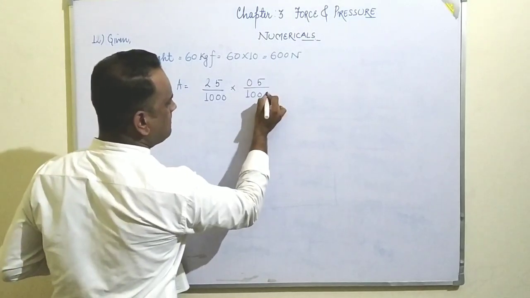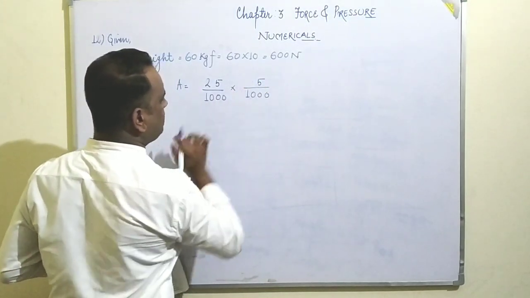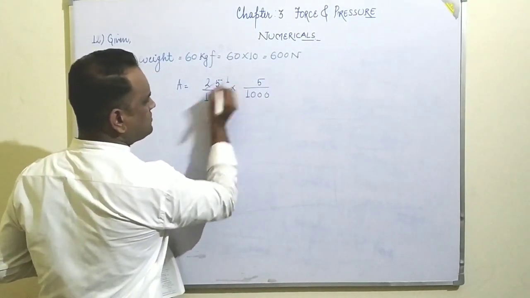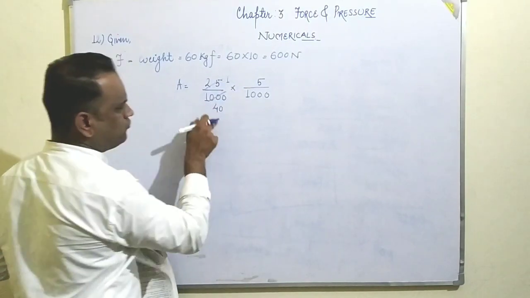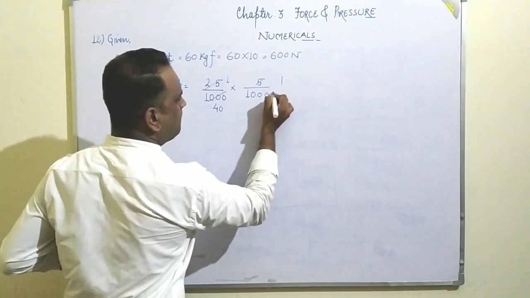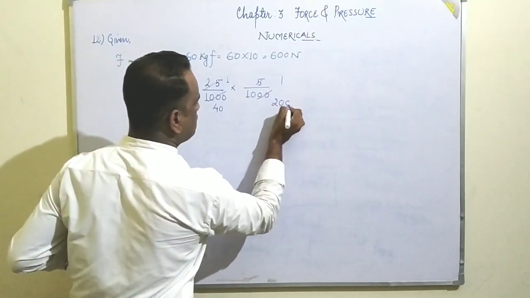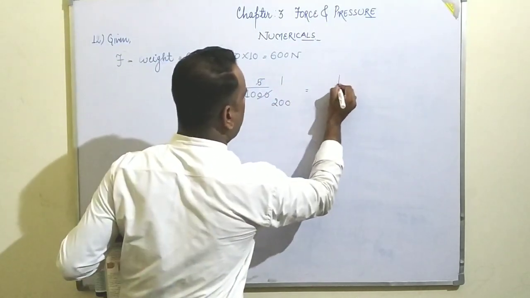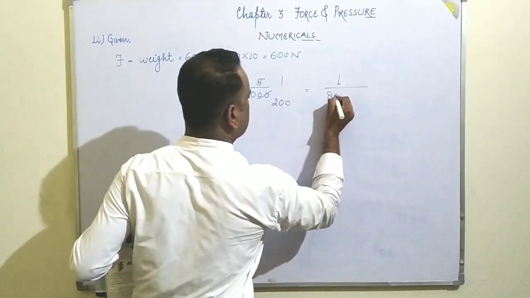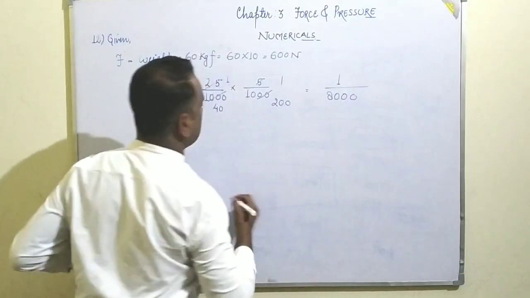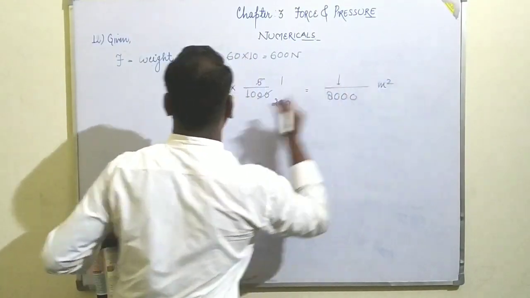Removing the decimal, place 10 more. So 25 by 100 and 5 by 100 give 1 upon 40 and 1 upon 200. So it will be 1 upon 40 into 200, that is 1 upon 8000 meter square will be the area.